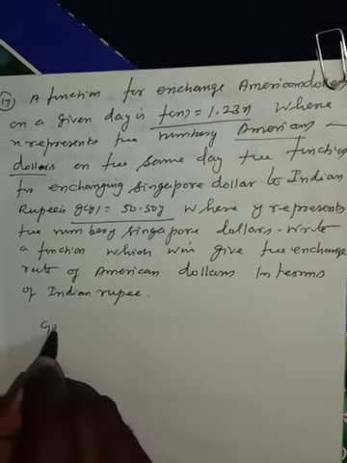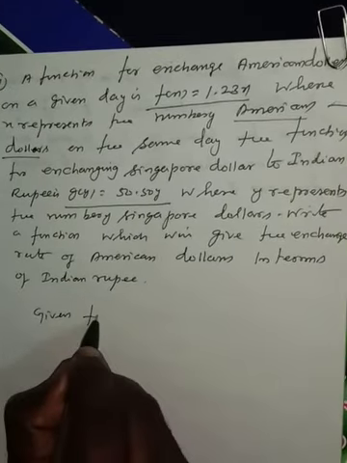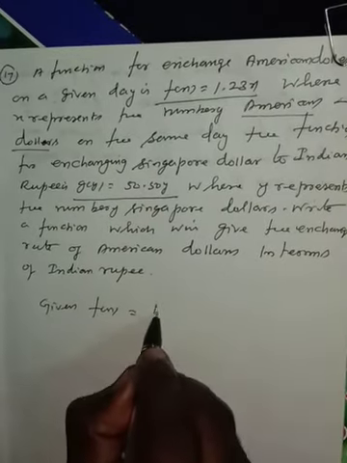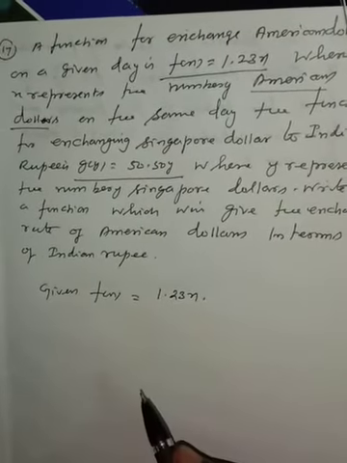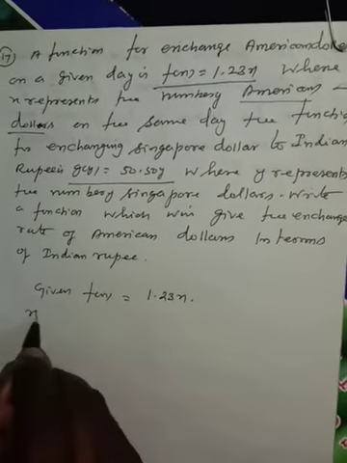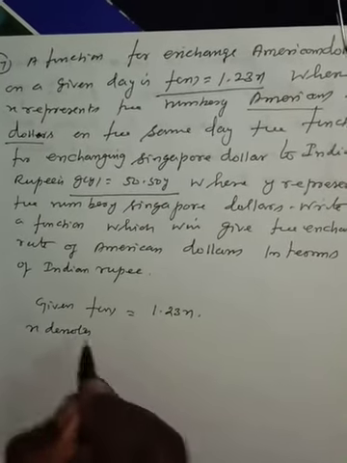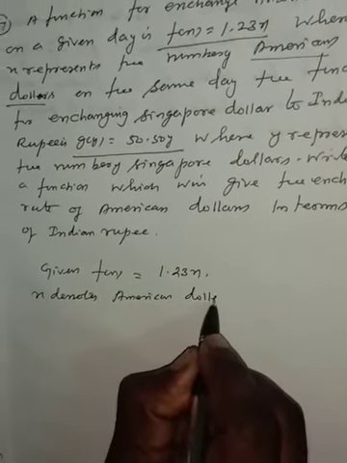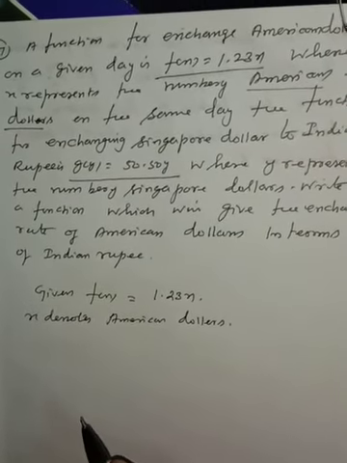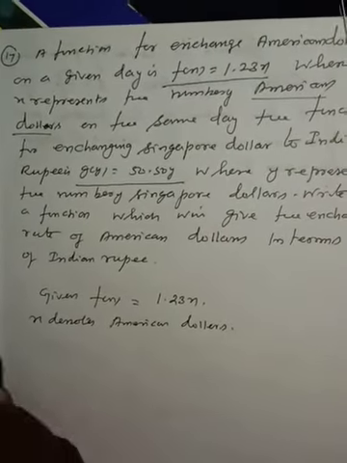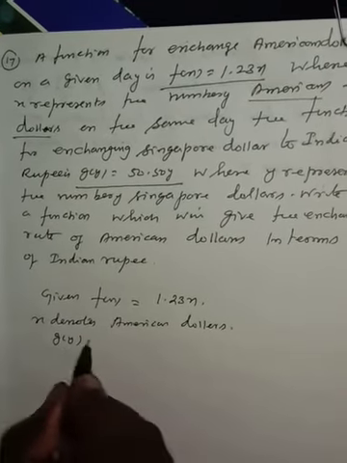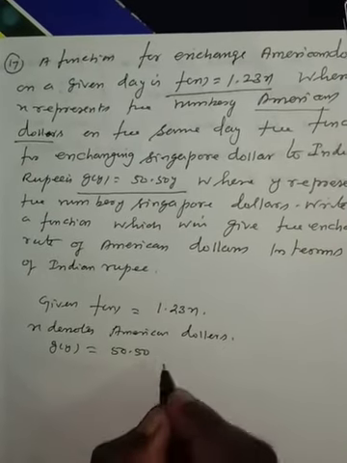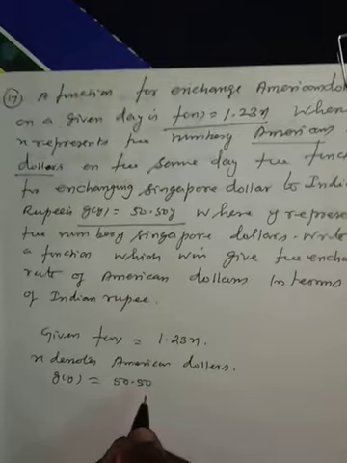Given f of x is equal to 1.23x, x denotes American dollars. G of y is equal to 50.50y.